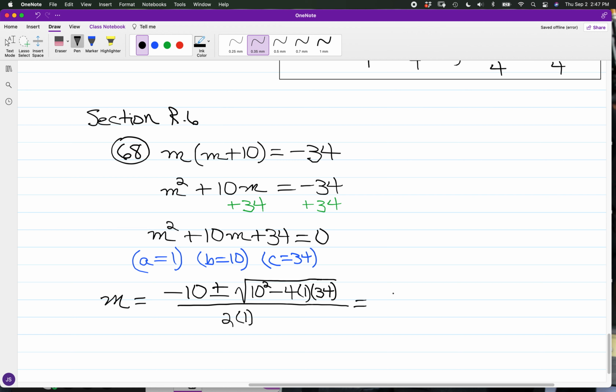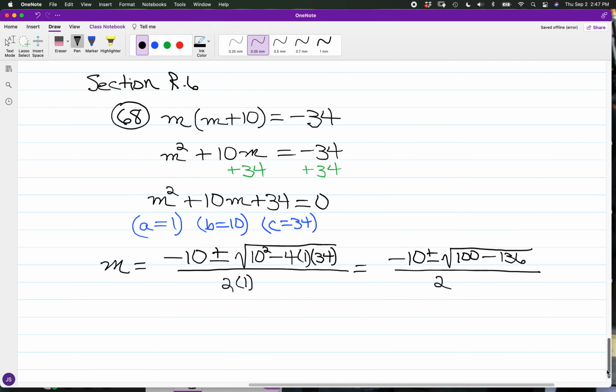Expanding, we have negative 10 plus or minus the square root. 10 squared is 100. For the minus 4ac combination, negative 4 times 1 is negative 4, and negative 4 times 34 gives minus 136, all over 2.